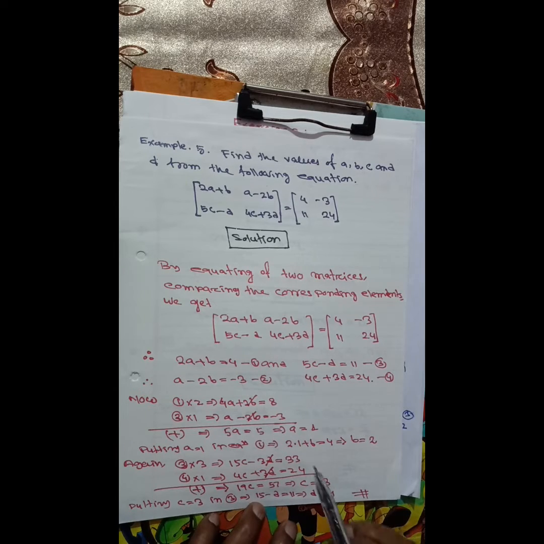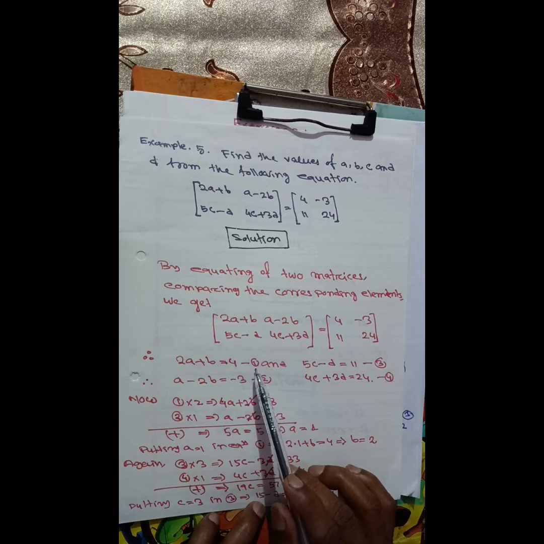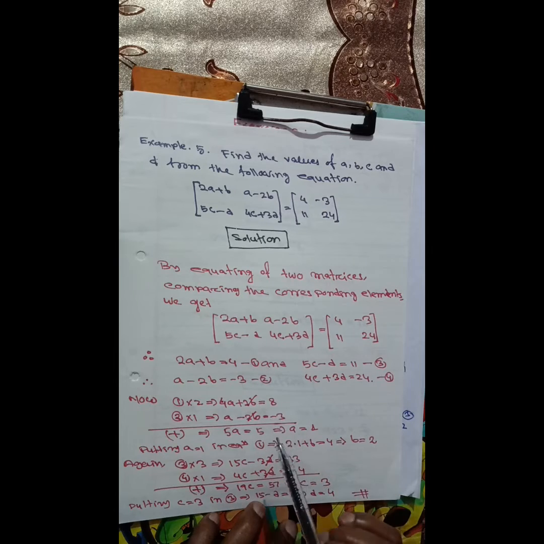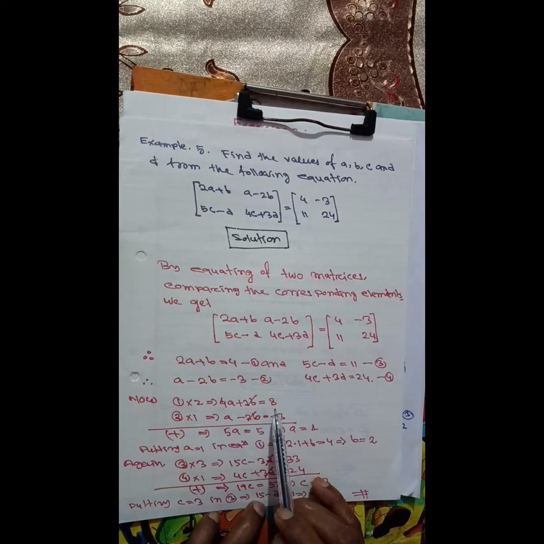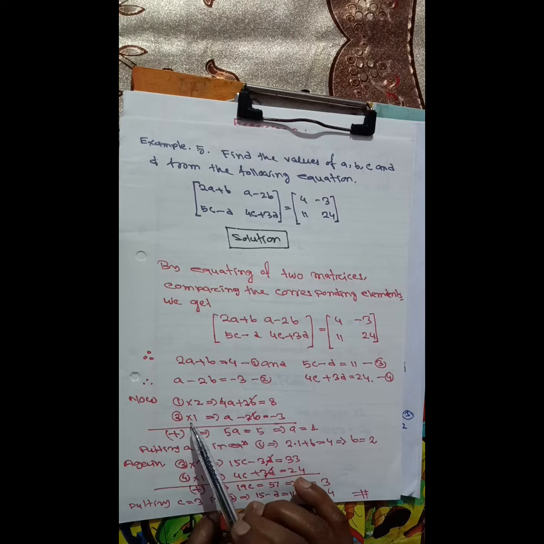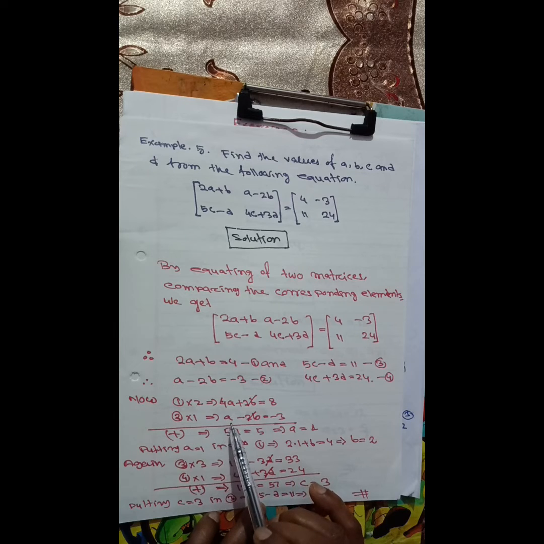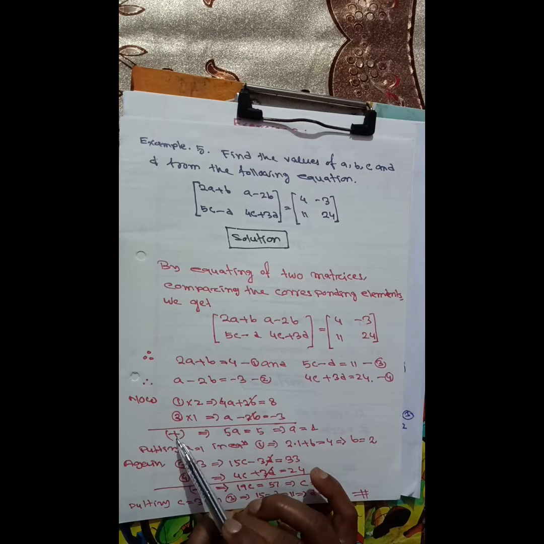Taking the pair equation 1 and equation 3, if we multiply equation 1 by 2, then we get 4a plus twice b equal to 8. And equation 3 multiplied by 1 stays the same. After this, we add the two equations.